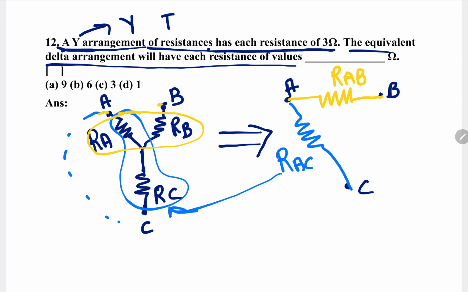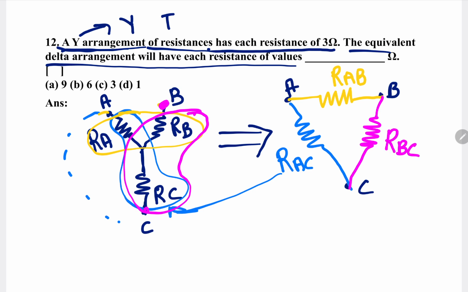Next, one more combination, because of RB and RC, which should be connected between the B terminal and C terminal, I am calling RBC. Now did you observe, we have replaced the star network with the equivalent delta network.